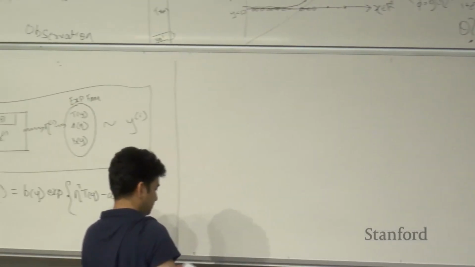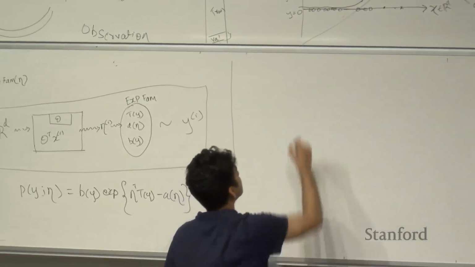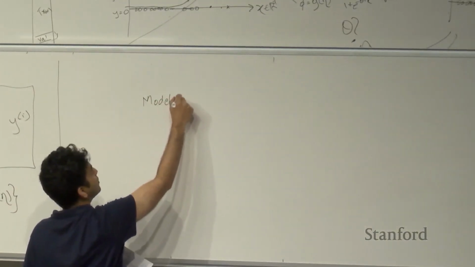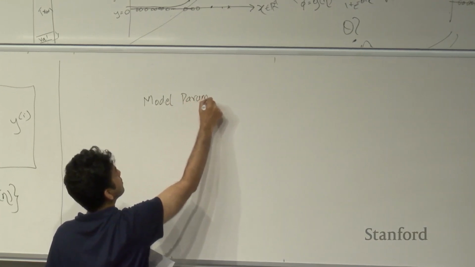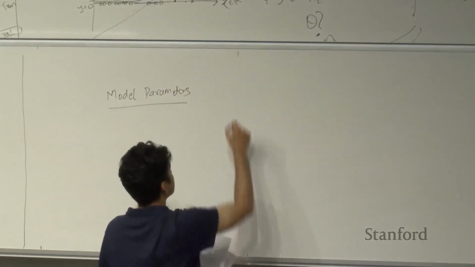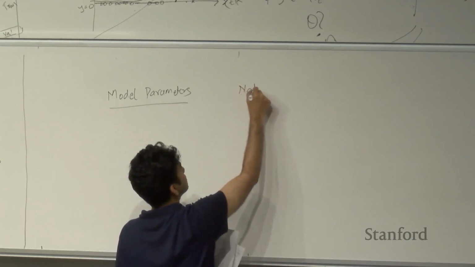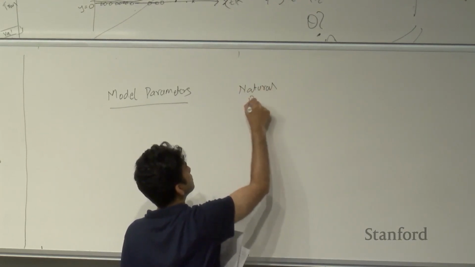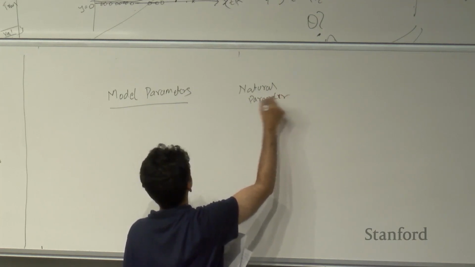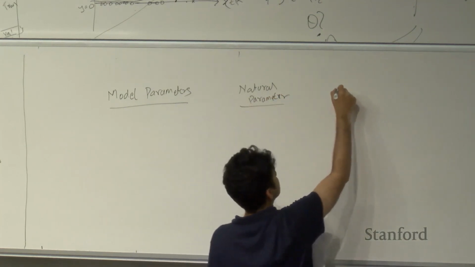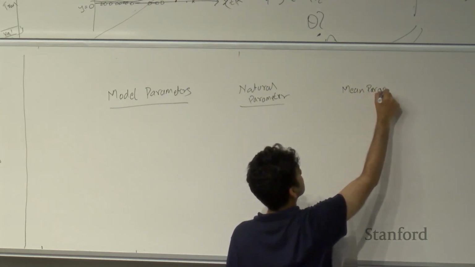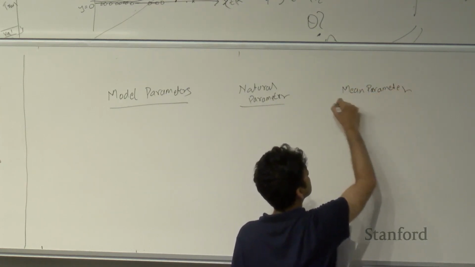So we have model parameters. And then we have the natural parameter. And then we have the mean parameter.